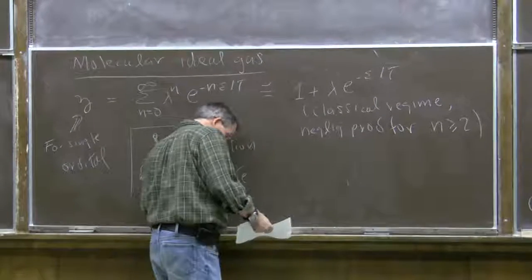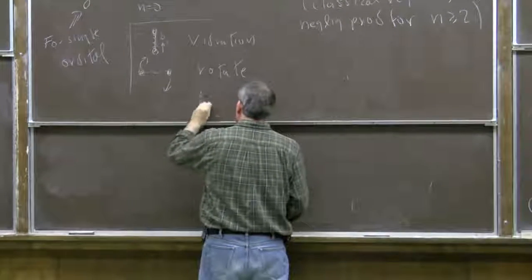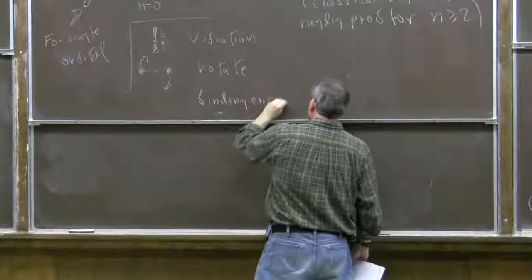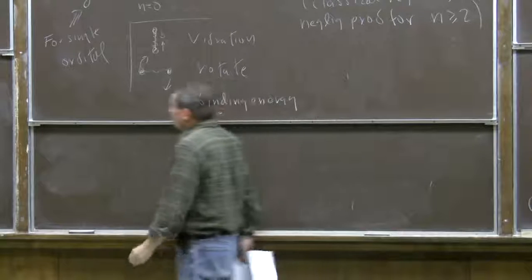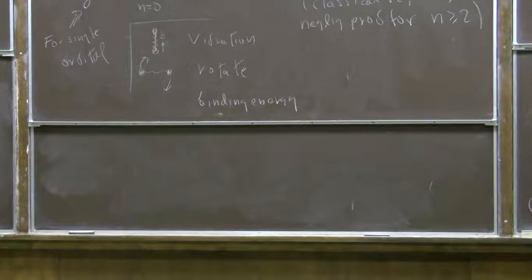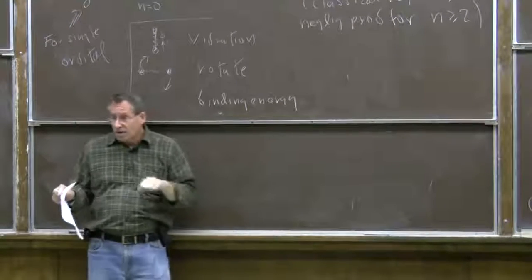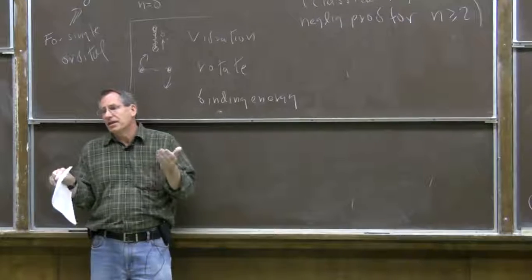And there's another thing which is important, which is binding energy, if we're going to analyze a chemical reaction. It may be that the reaction is exothermic, so some energy is released when it goes forward, and that means at low temperature, it's going to be favored for not a lot of energy to be locked into the molecule.